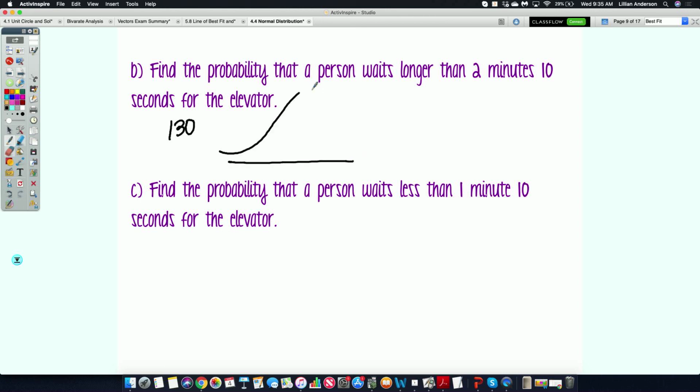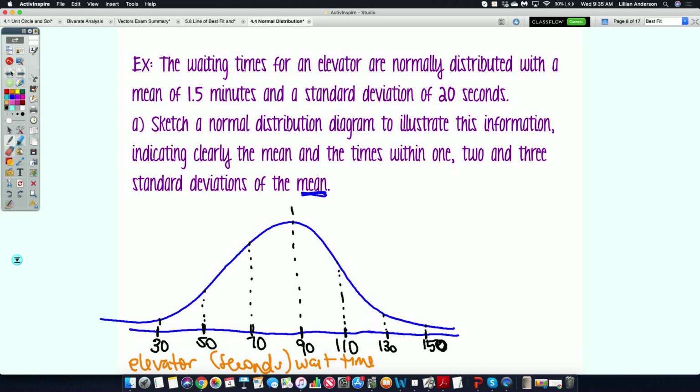On our normal distribution curve, at 130, we're trying to figure out what's the probability over here. That's really what we're looking for. What's the percentage? What's the probability? Now 130 was at the 2 standard deviation mark, and we want everything that is to the right after that.